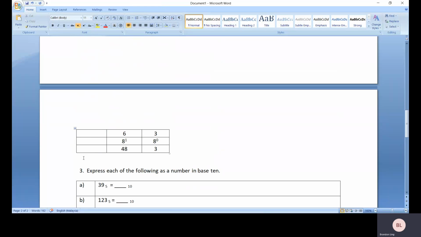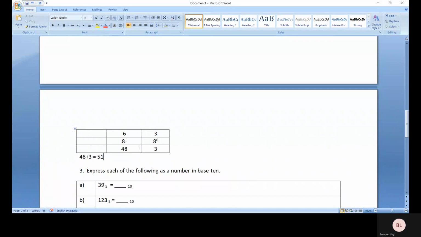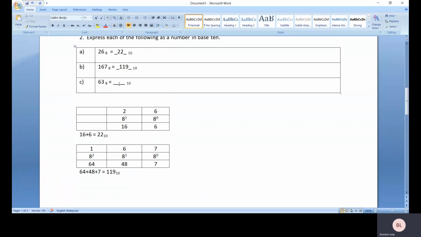So the final answer will be 48 plus 3, you get 51. So this will be 51 base 10.